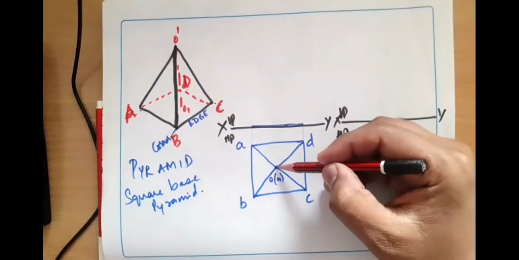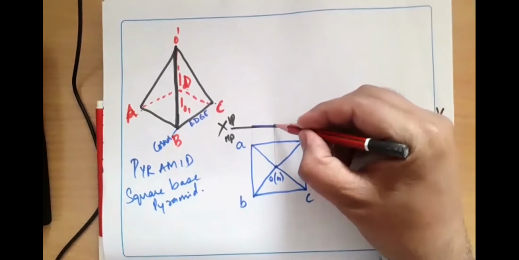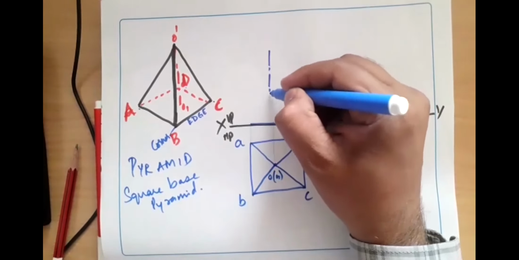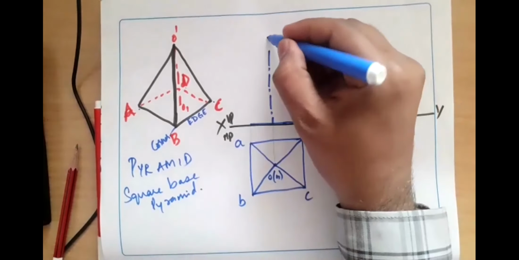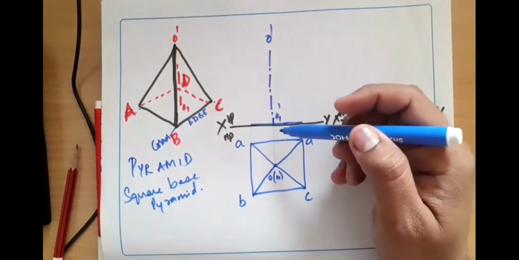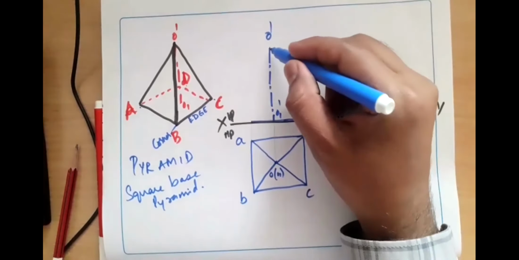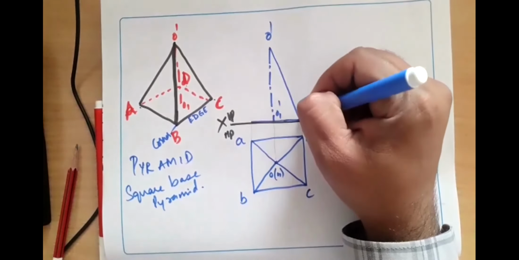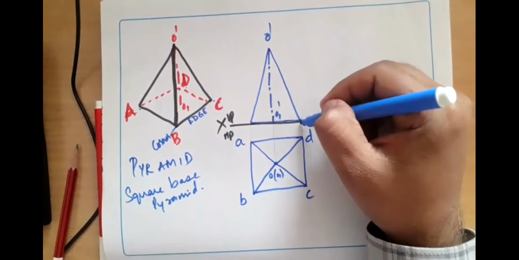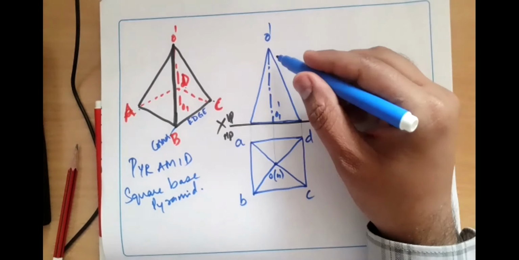Here where the O of O1 axis line is, from here I am going to draw a line which represents the apex, O dash and O1 dash. This is the axis of this particular solid, which is a pyramid. From O, I'll join OA, OB, OC, OD, whatever it is, the front view will be a triangle.